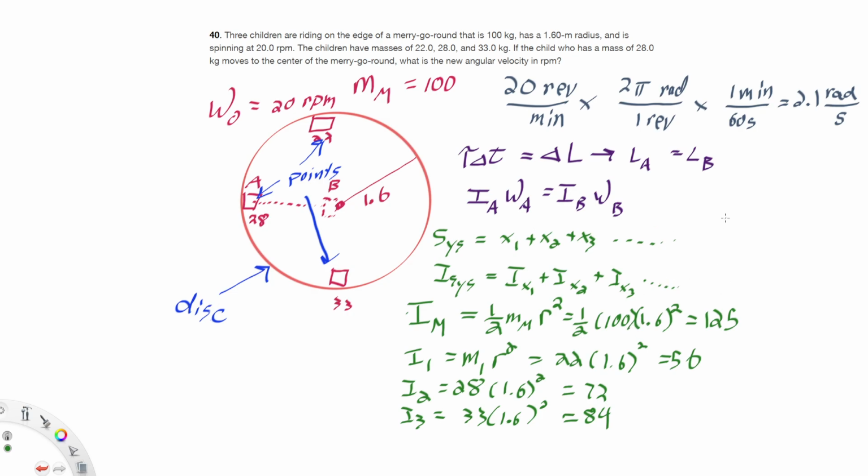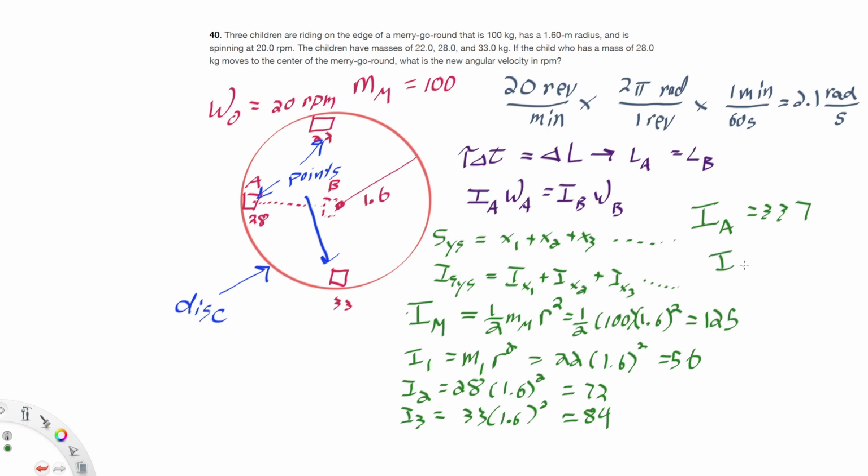All right. So the complete moment of inertia for this system at time A is just going to be the sum of all these pieces. Right, so it's going to be 337.